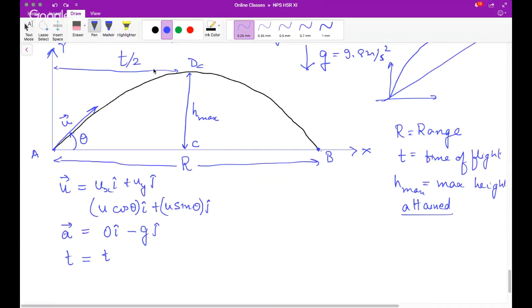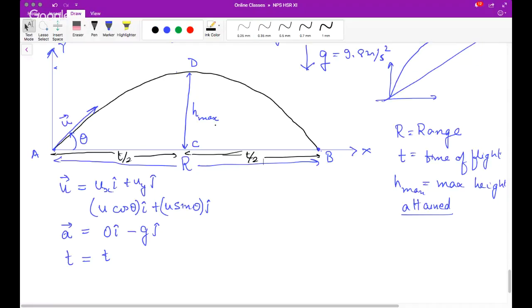Let me draw it differently so that you don't get confused. The time taken is t for the full motion, but it's t/2 for this journey, and here also it is t/2. So the time taken to go up will be equal to the time taken to come down.